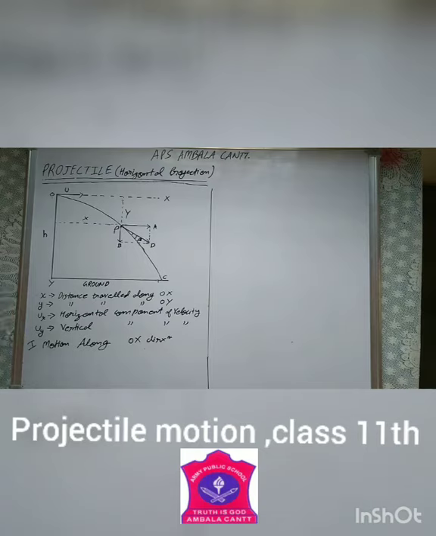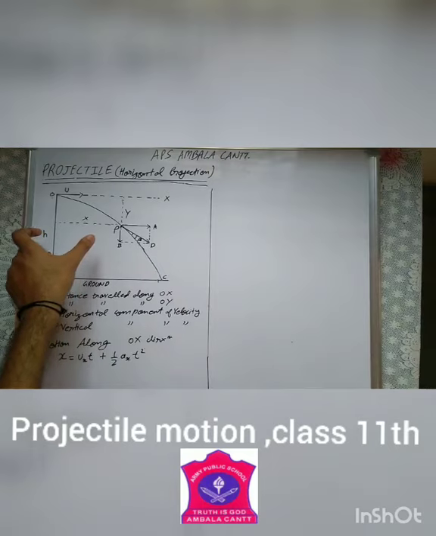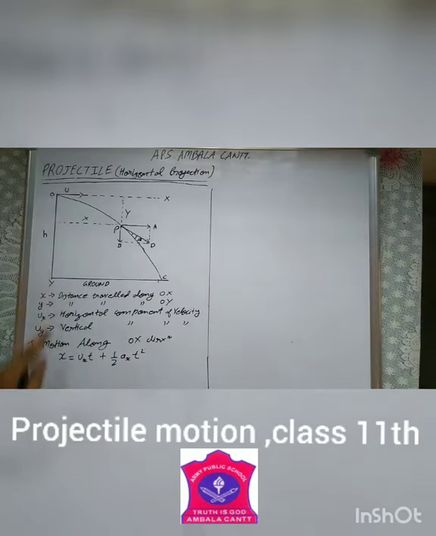Firstly, we will calculate a mathematical relation for the motion along the Ox direction. For this we can use the equation of motion, and the equation of motion for the x direction is given by x equals uxt plus half axt square. X is the distance traveled by the object in the Ox direction.